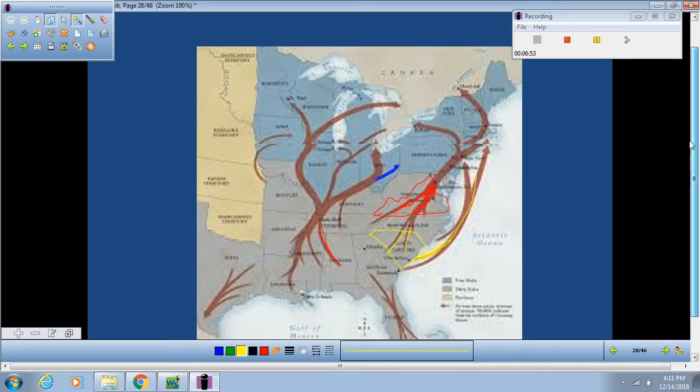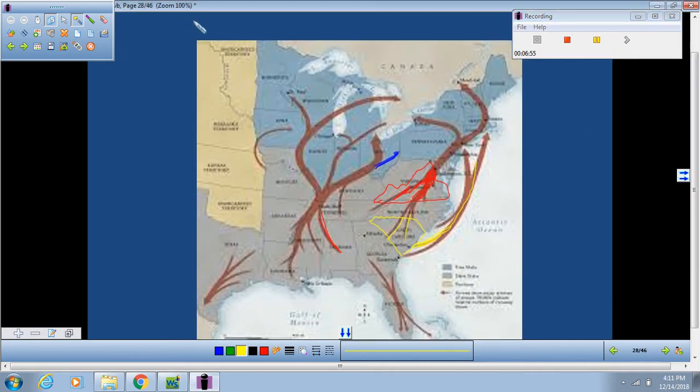Here is an expanded map of the Underground Railroad, and as we know, the Underground Railroad was just a nickname for the secret paths by which slaves could escape. You can see here where the paths were.